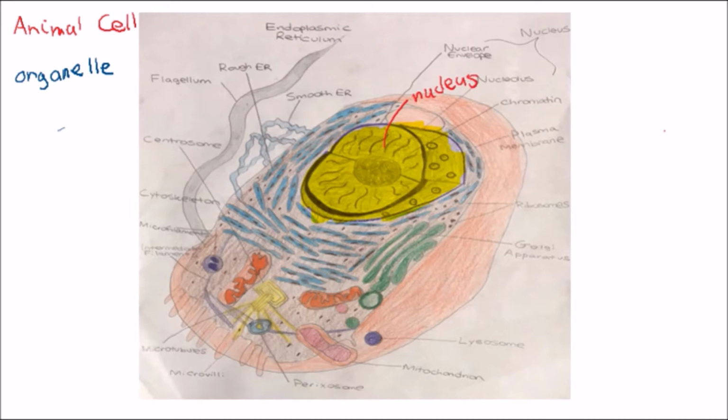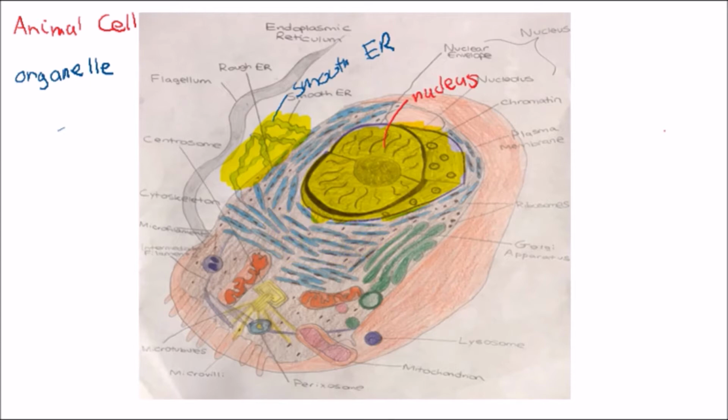And then we have the smooth ER. The smooth ER is right here. That's kind of like the packaging center for a cell, and there's more to it than that, and we're going to be talking about that. Then there's the rough ER over here.